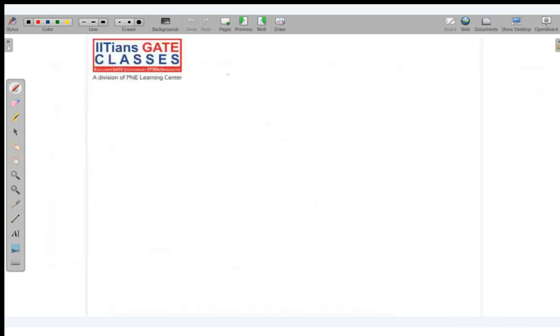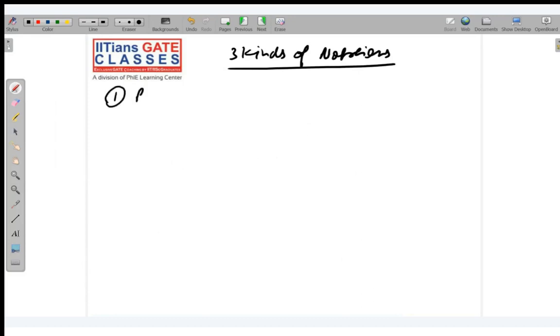So there are 3 kinds of notations which we are going to use. The very first is binary notation. Next is dotted decimal notation.